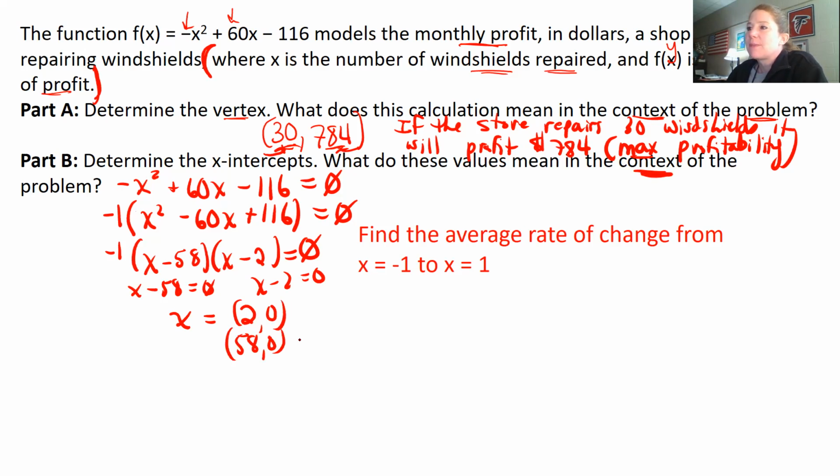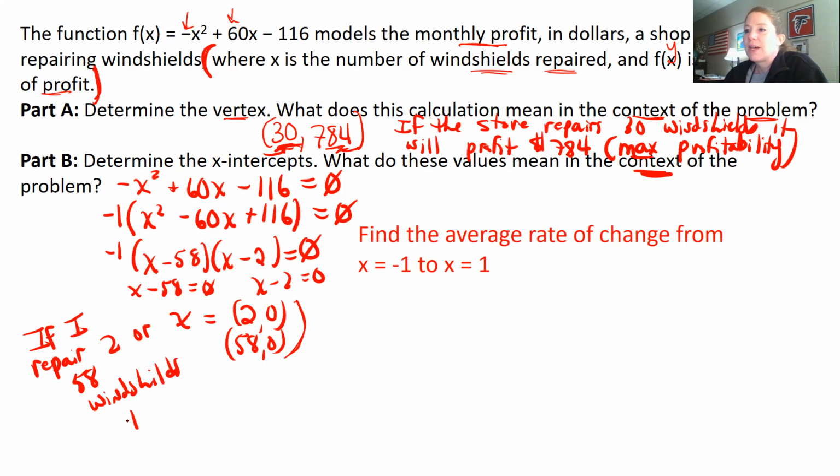So now once again, it's asking what is the value of these points? What does this mean in the context of this problem? So remember I said as you go away from that 30 for the x value, your profit decreases. So this means that if I repair 2 or 58 windshields, I break even.